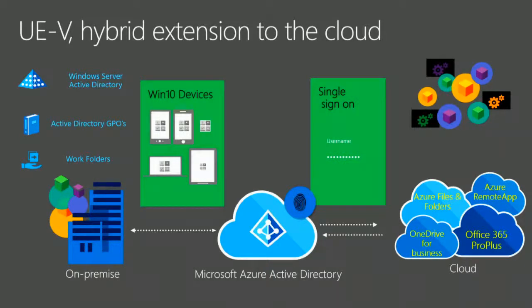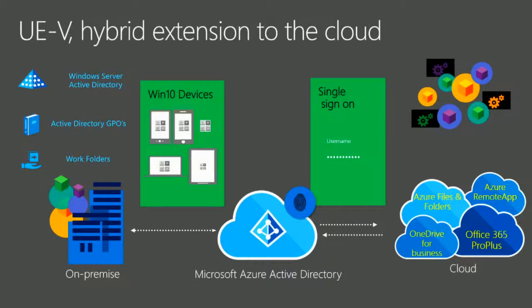And the next possible option is work folders. It's your internal file shares that are being exposed to the outside world in a secure way. And what's one of the best features of Windows 10? You can use an Azure identity, a cloud identity as your login, as your primary identity on Windows 10. So you could log in with a cloud or Azure AD account.